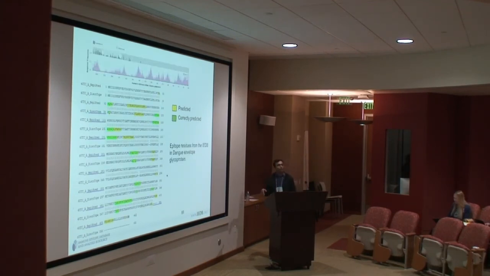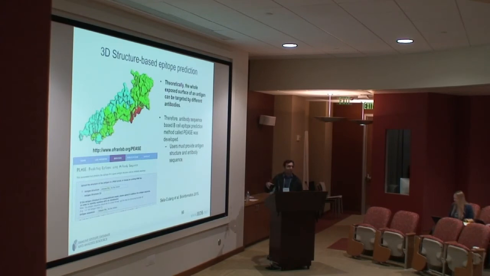This is one of the reasons why the evaluation of B-cell epitope prediction methods is poor, because we might not have all this information in the data sets that people are using, and it's difficult to extract and combine this information anyway.